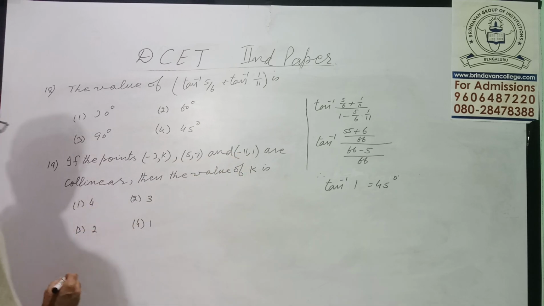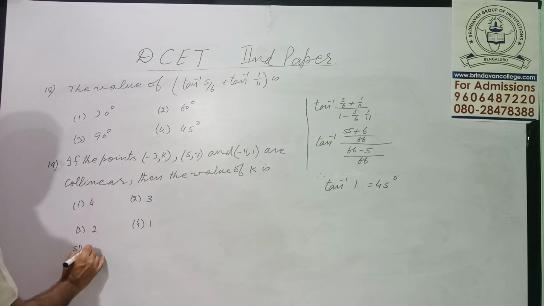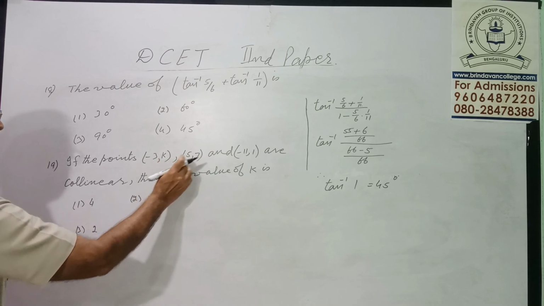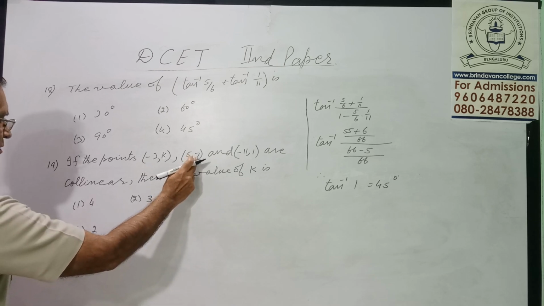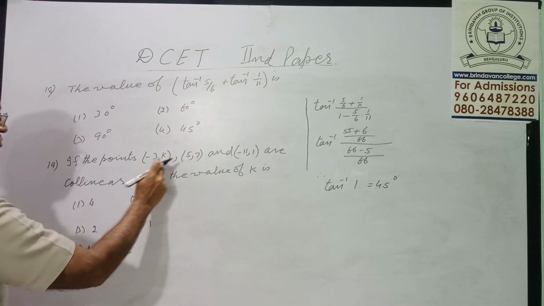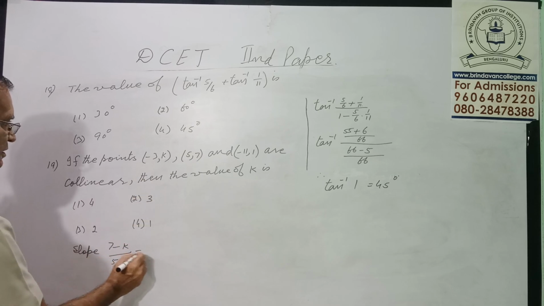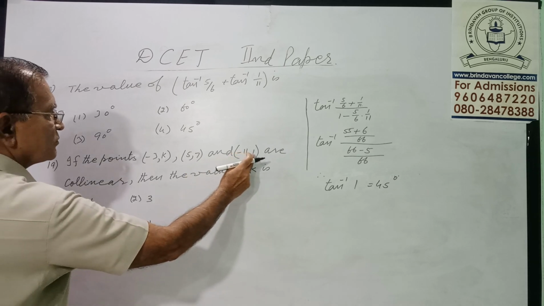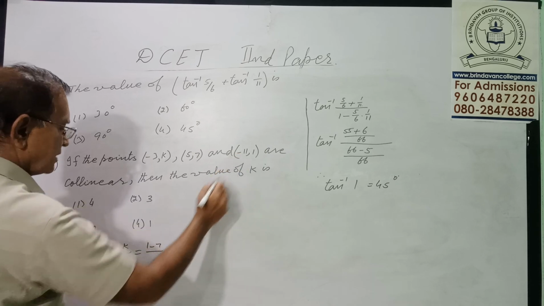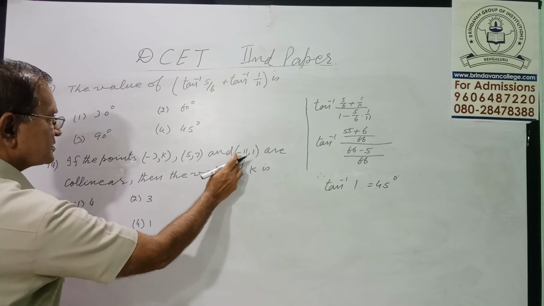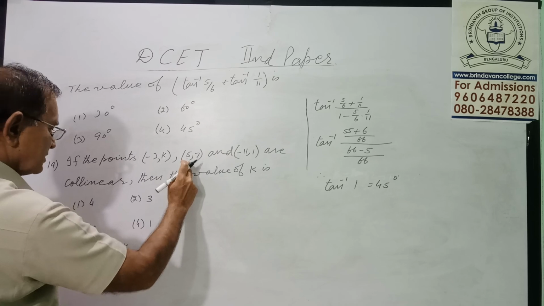Collinear means their slope is same. 3 points are there, consider the slope of the first two. y2 minus y1 over x2 minus x1, that is 7 minus k over 5 plus 8 equals, then y2 minus y1, 1 minus 7 over x2 minus x1, minus 6 over minus 6.